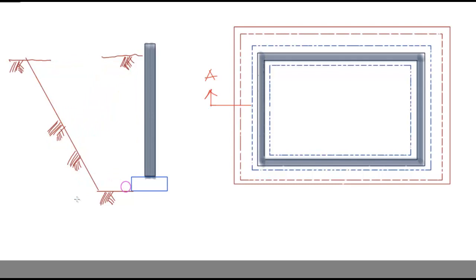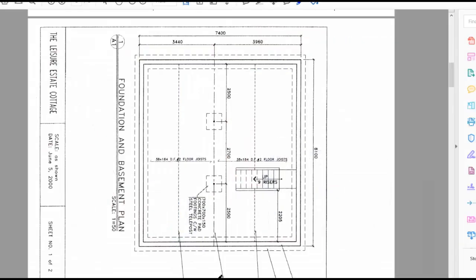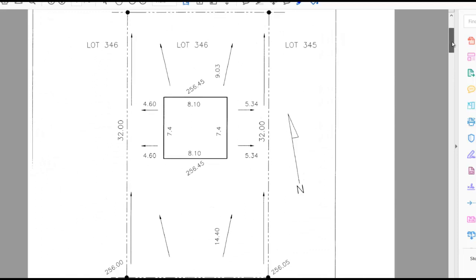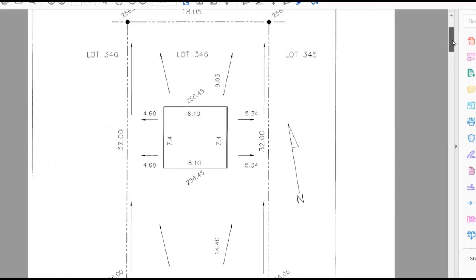Now, first of all, we need to start with the calculation of the depth. If you go back to the plan here, you will see the levels given.